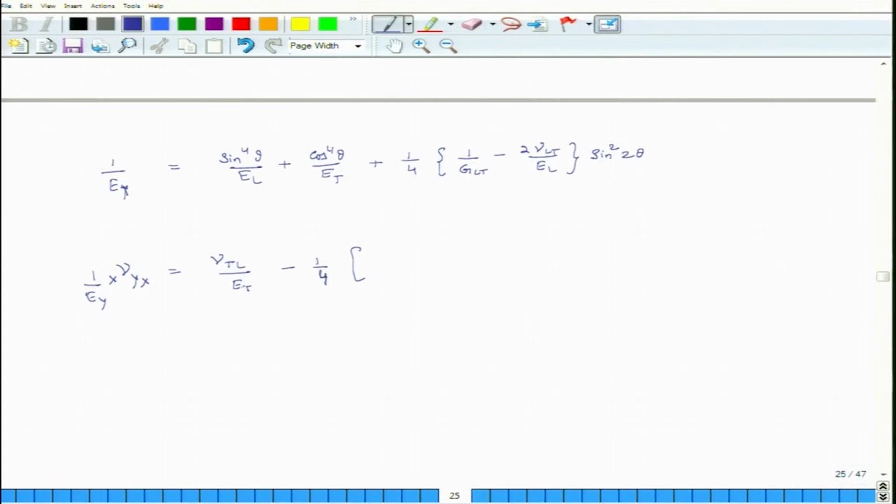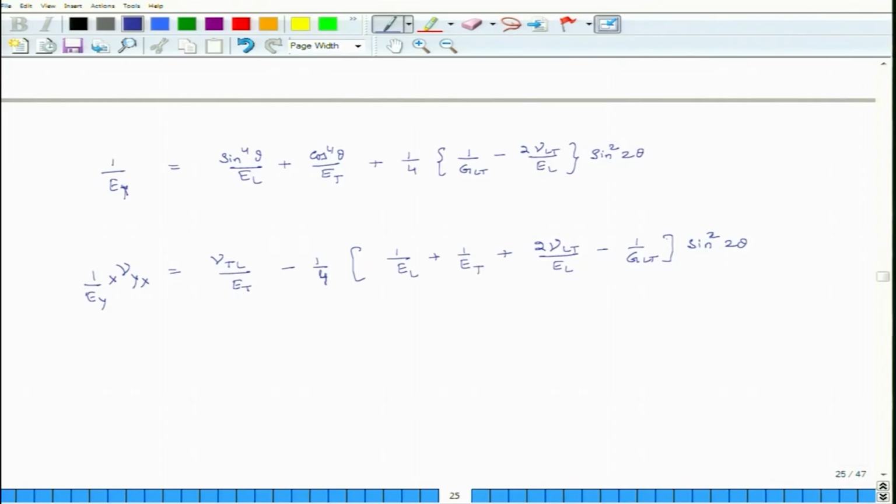So, it is nu TL over Et minus 1 over 4 plus 1 over El plus 1 over Et plus 2 nu LT divided by El minus 1 over GLT, sin square 2 theta. So, this is the second relation.